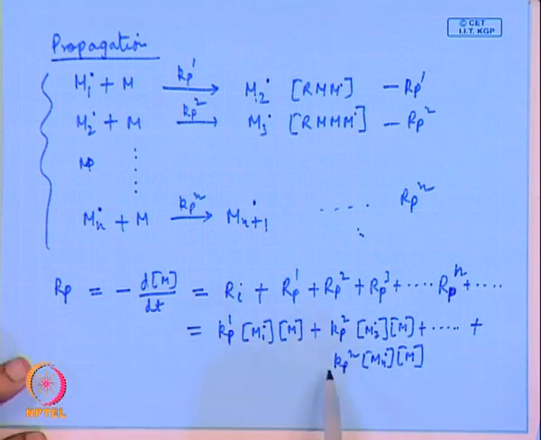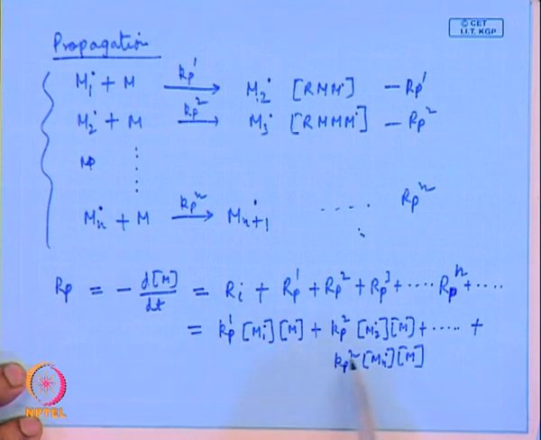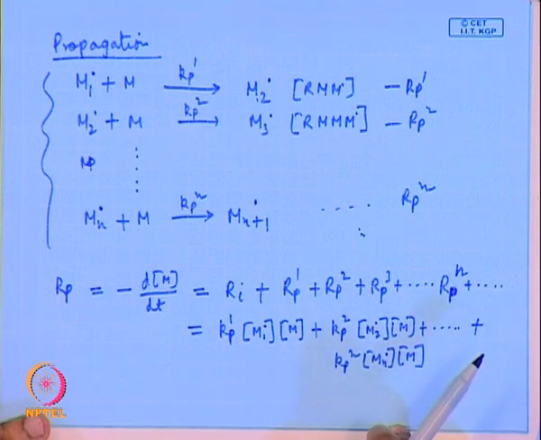Now, it is very difficult. If you want to find this out, you have to know all these rate constants Kp1, Kp2, Kpn, Kp3, Kp4 and all these things. That is practically impossible.